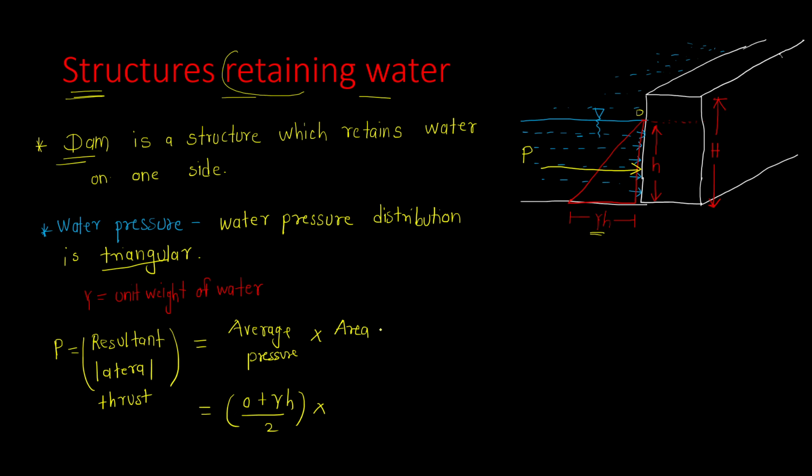Here the cross sectional area will be h, small h, multiplied by the length of the dam. Whatever area of the dam is in contact with water, that area we have to take. So here it will be h into capital L.